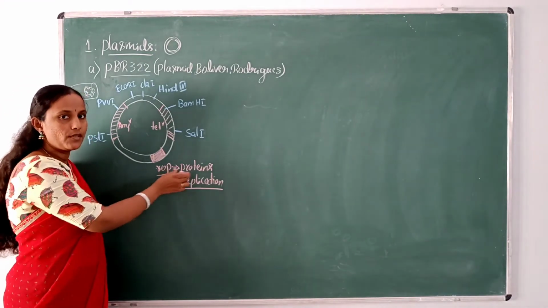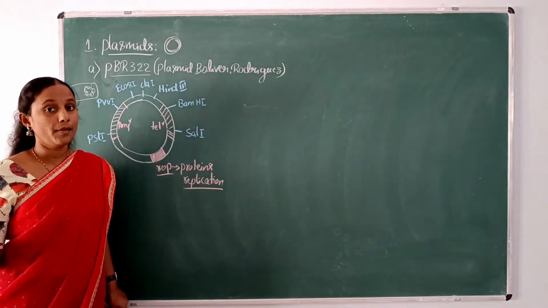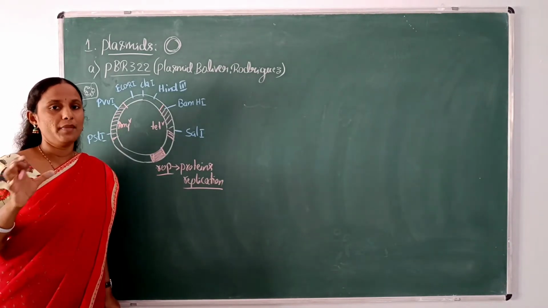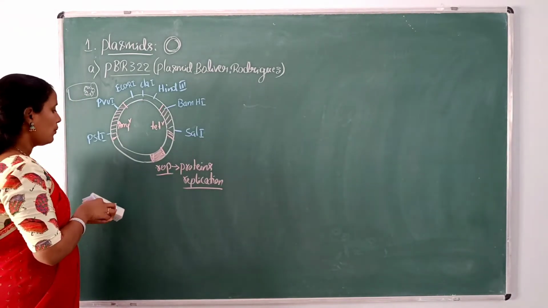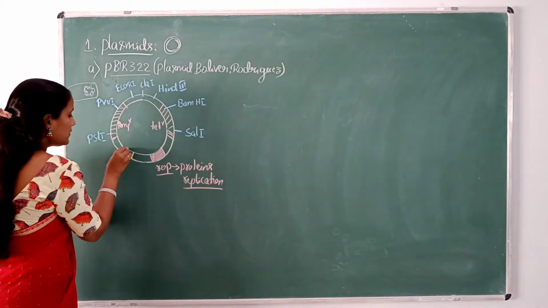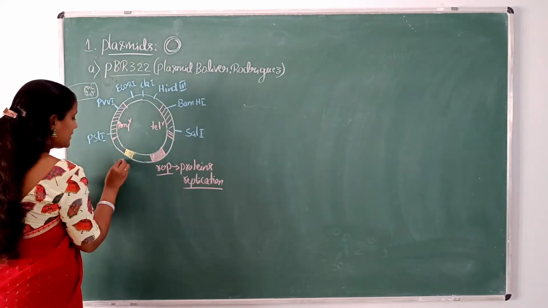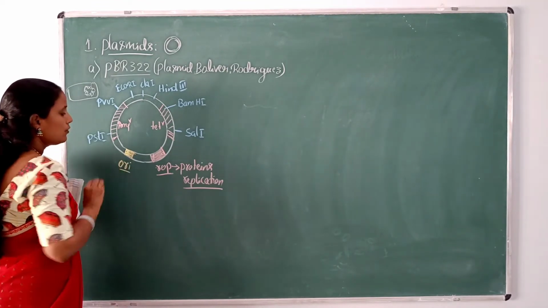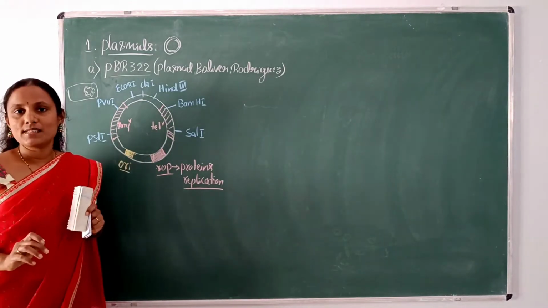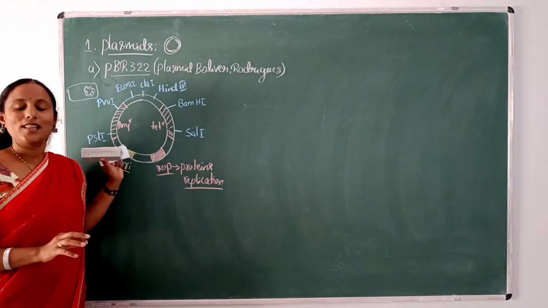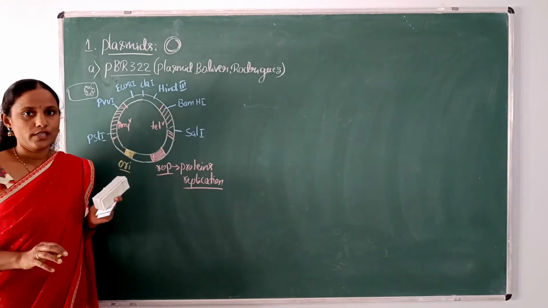The rop protein can bind to the origin of replication and bring about successful replication, which will result in a high copy number. And also, as we discussed, it should have an origin of replication, and it has the ORI site here. So these are the important aspects present in pBR322, which is an extensively used plasmid in biotechnological works.